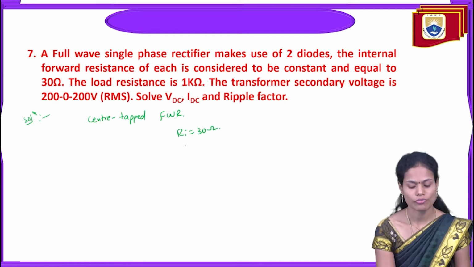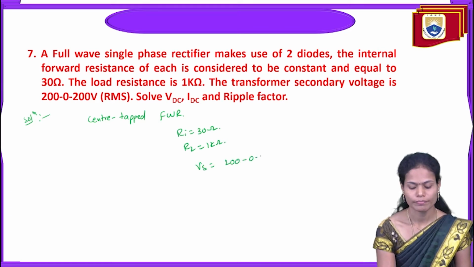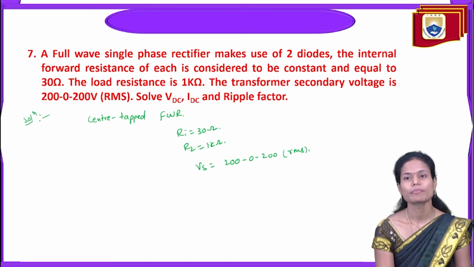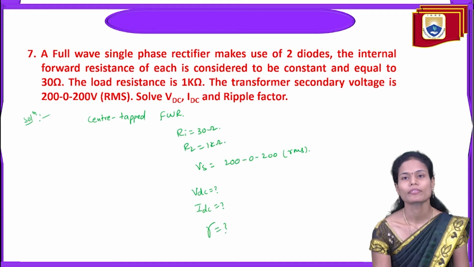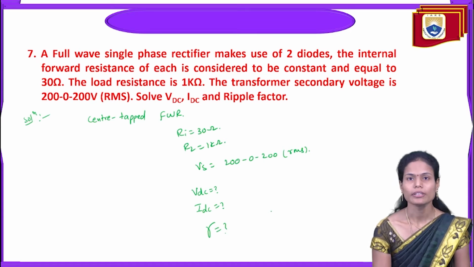The load resistance is given as 1 kilo ohm, and the transformer secondary voltage is 200 RMS voltage. From this we need to find the DC voltage, DC current, as well as the ripple factor.